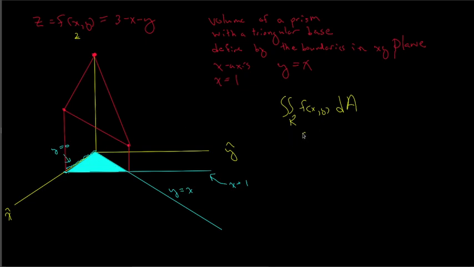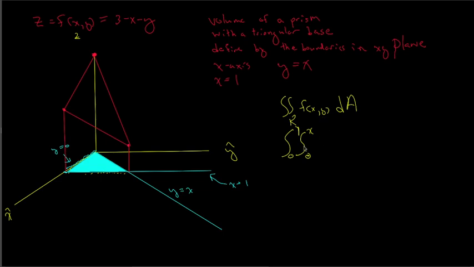So for y, I'll go from 0 to x, and then in my x components, we'll go from 0 to 1. So this will be going from 0 out to x as I do a dy element, and all of my x components will go from 0 to 1 as we move across.